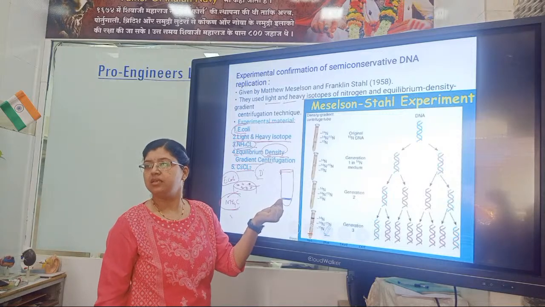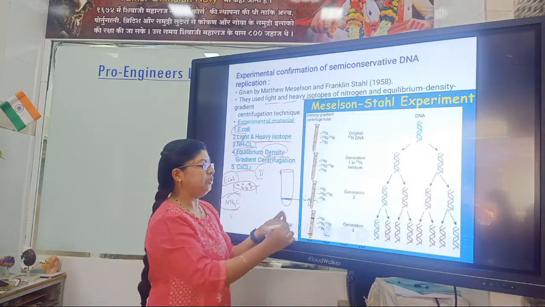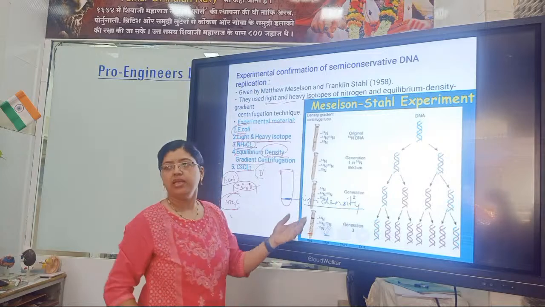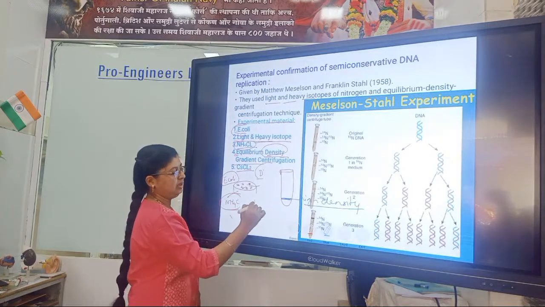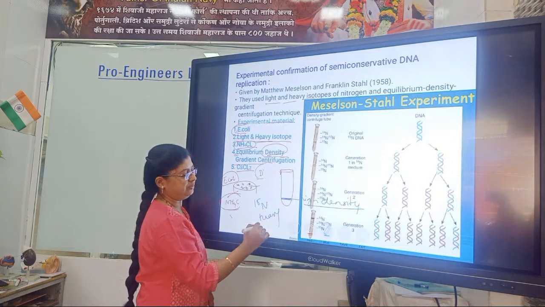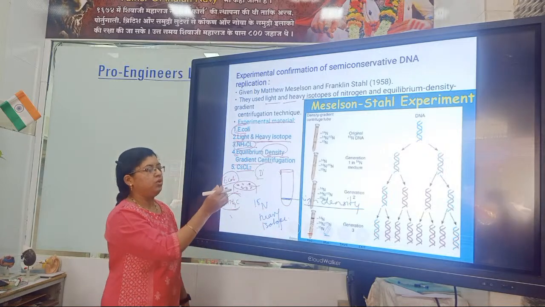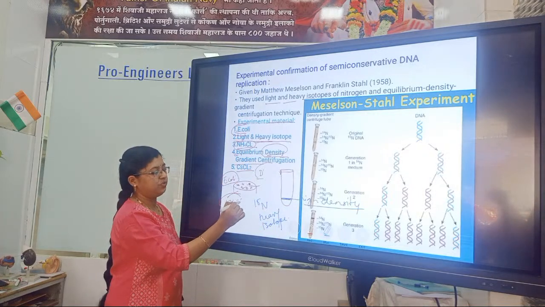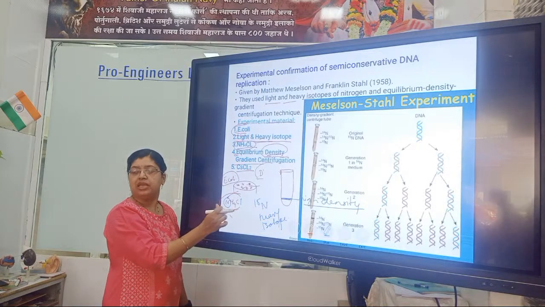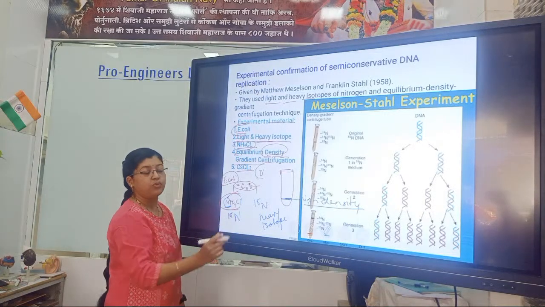This is the high density. Means the density, note down, it should be high. Why? Because of the 15N heavy isotope. We provide NH4Cl, but the N inside the medium is the heavy isotope, that is 15N.